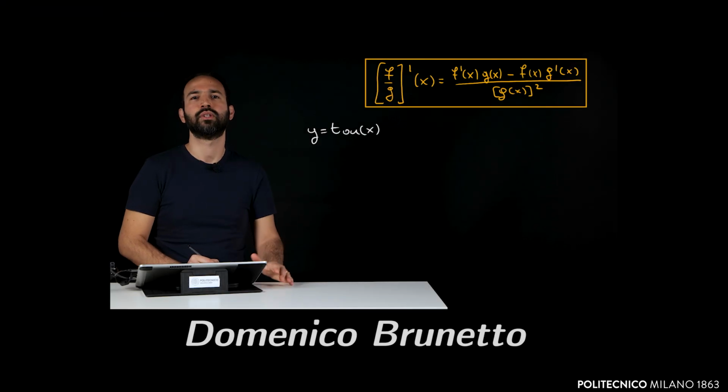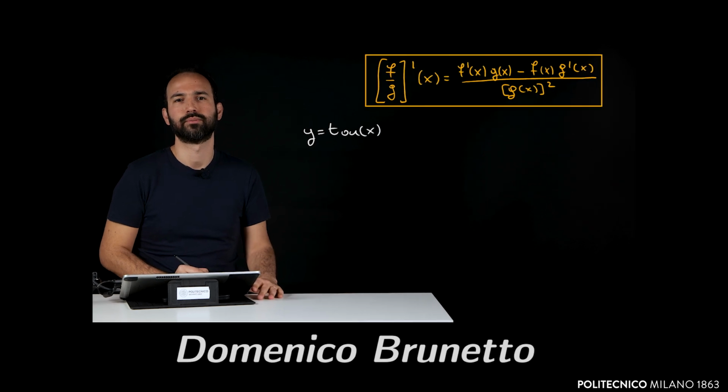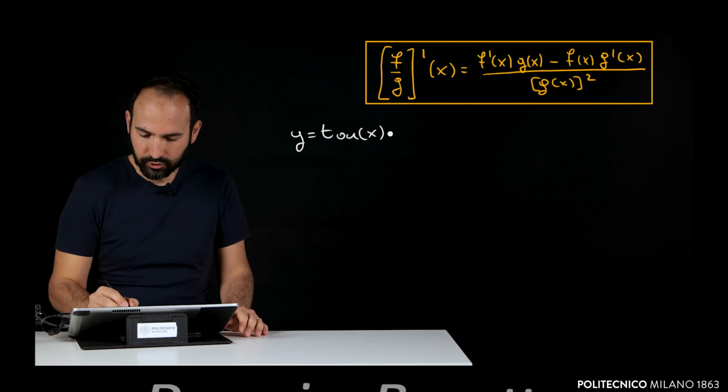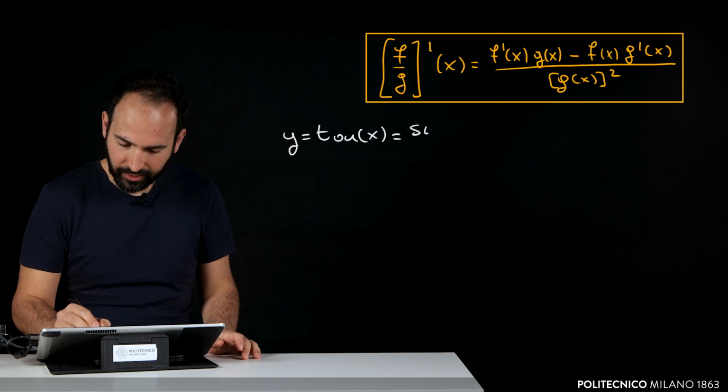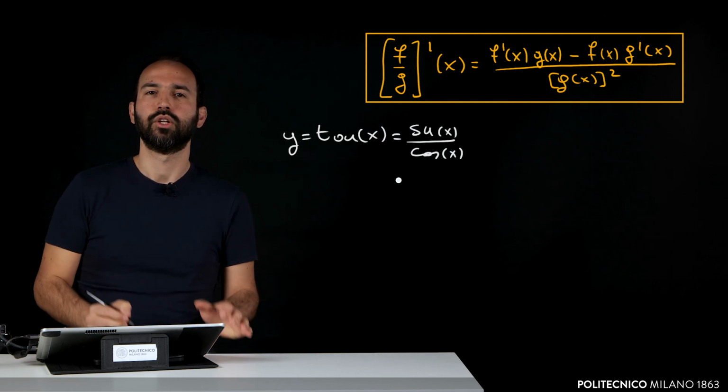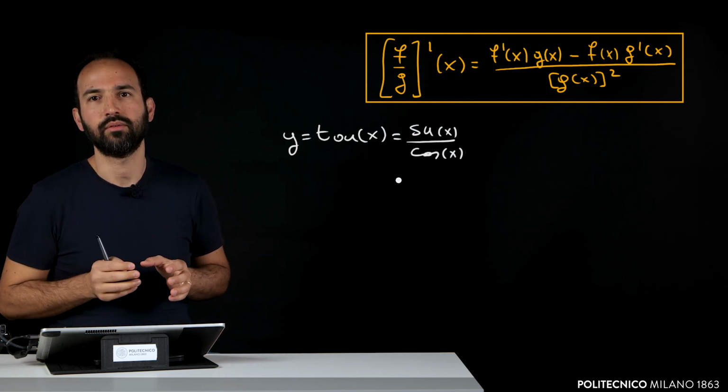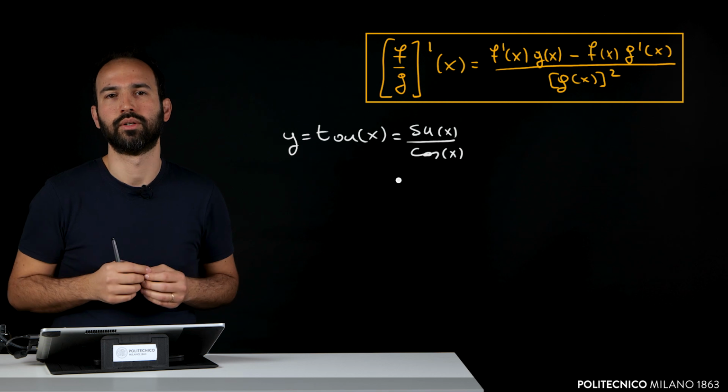Let's compute the derivative of the tangent function. We recall that the tangent is defined as the quotient of sine of x over cosine of x. So, to get its derivative, we can apply the quotient rule.